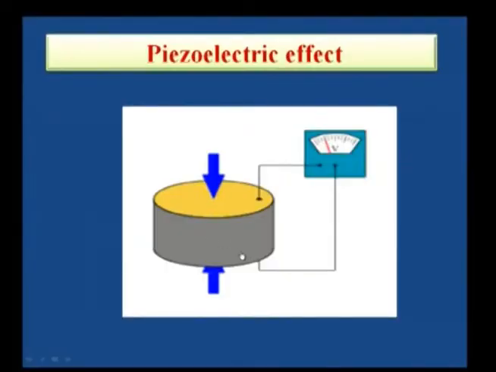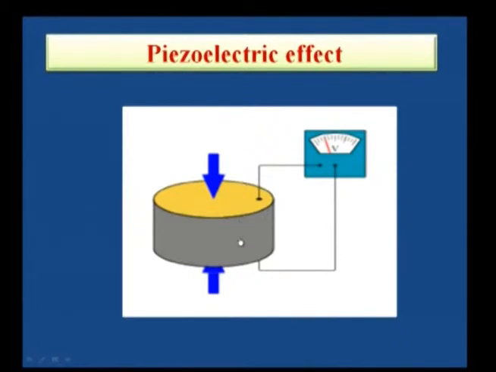When you apply pressure, you develop a voltage across the two faces across which pressure is applied. This becomes positively charged, this becomes negatively charged, so a potential difference is developed across the two faces.